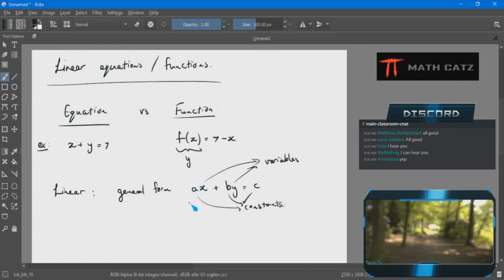All right. So we have this specific kind of equation that we call a linear equation.